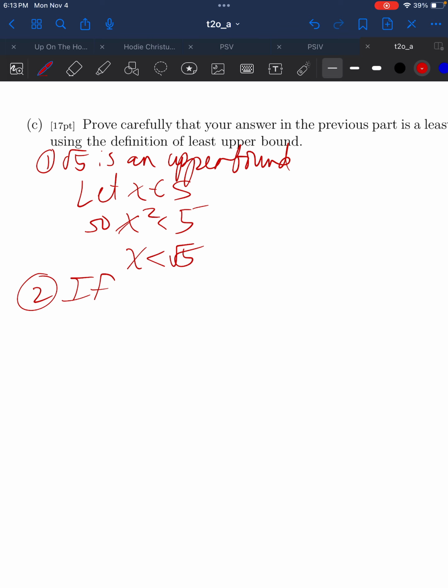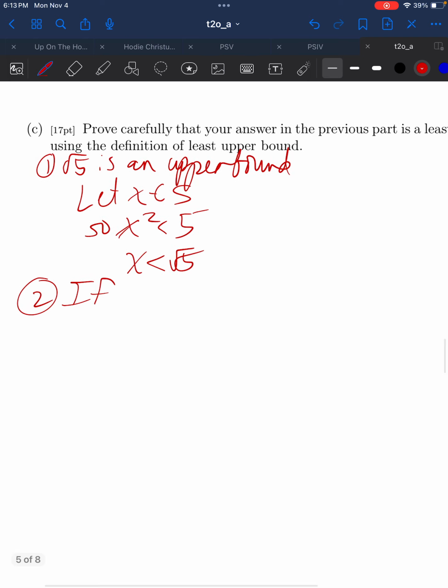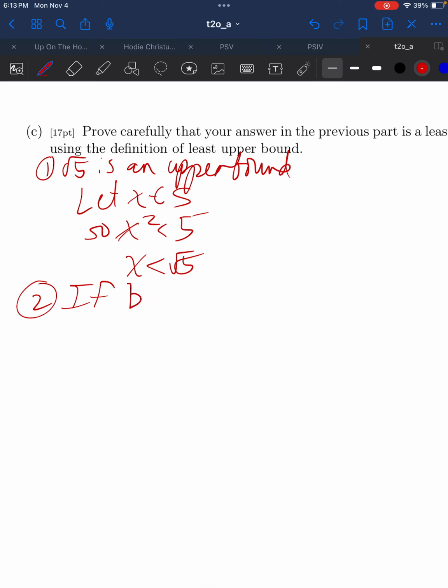I think usually the easiest way to prove that something is the least upper bound is to say, if B is less than the claimed upper bound, there exists an x in S which is bigger than B. What does that mean? That means that B is not an upper bound. Okay, so everything square root of 5 is an upper bound. Everything less than square root of 5 is not an upper bound.